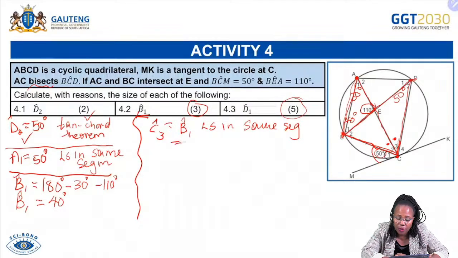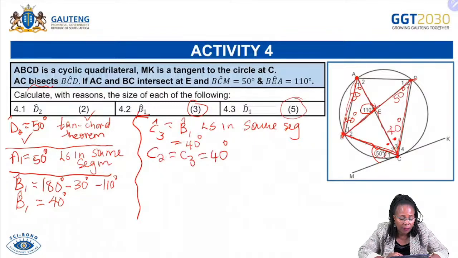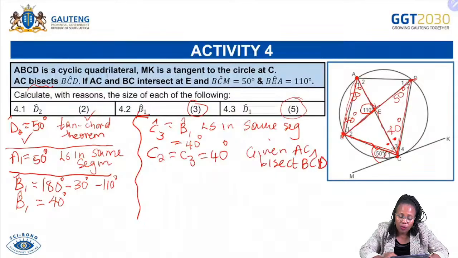So each will be 40 degrees. But C2 is equal to C3. That means they are both 40, because it is given that AC bisects angle BCD. So now this will be 40, 40.